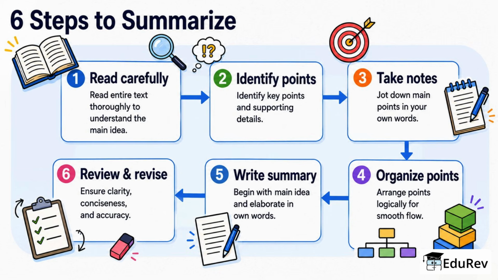Then, take notes in your own words. Fourth, organize those points so they flow logically. Fifth, write the summary starting with a strong intro sentence. And finally, review and revise for accuracy. Follow this method and your summaries will be rock solid.